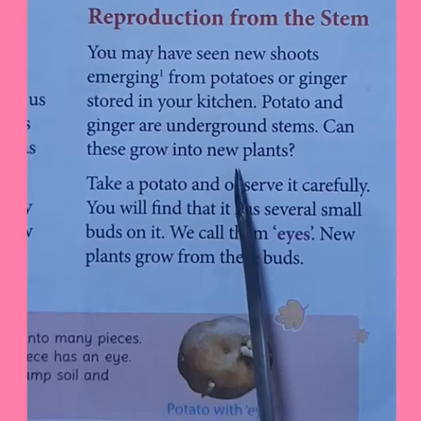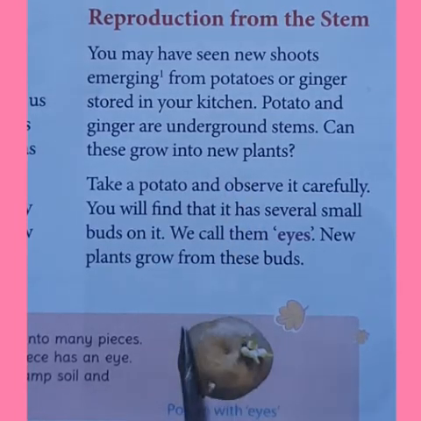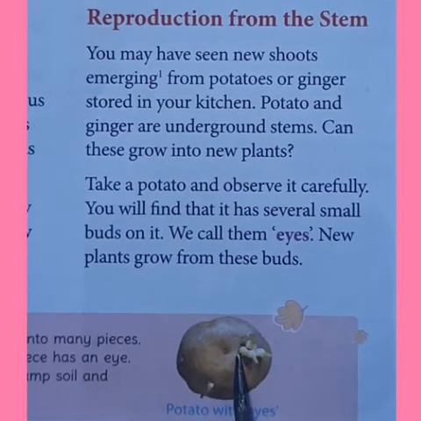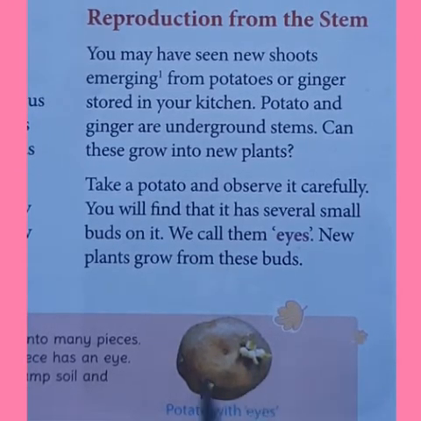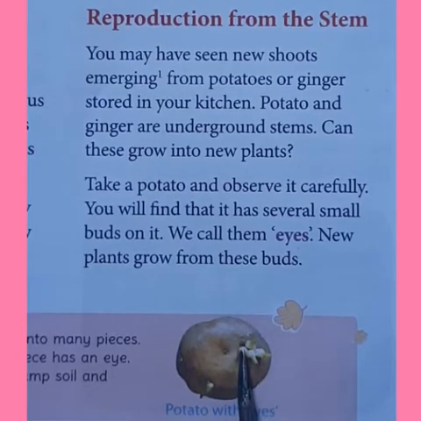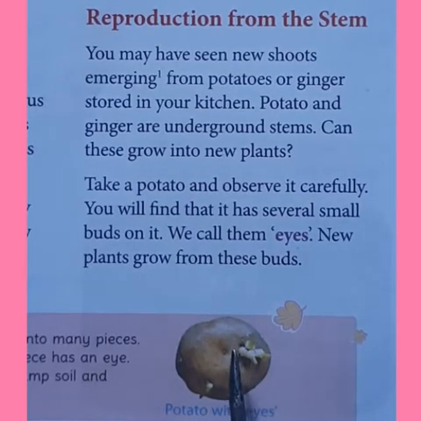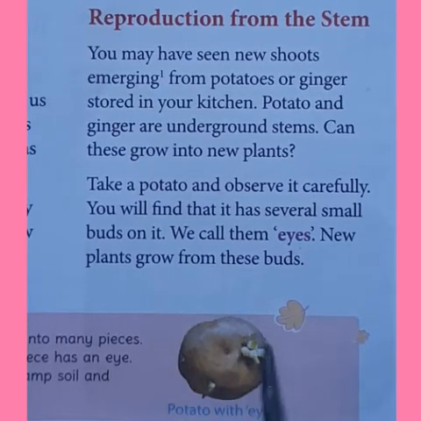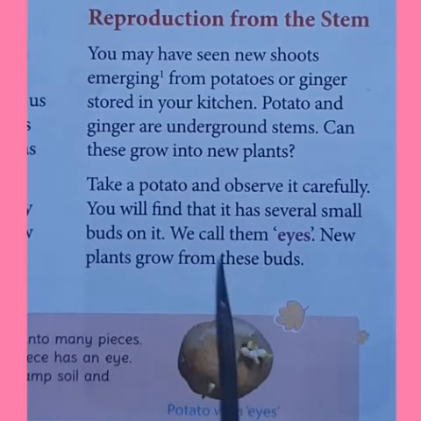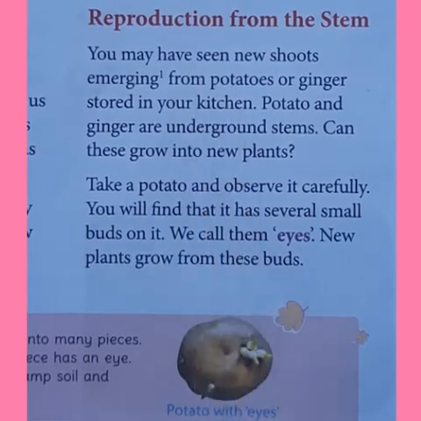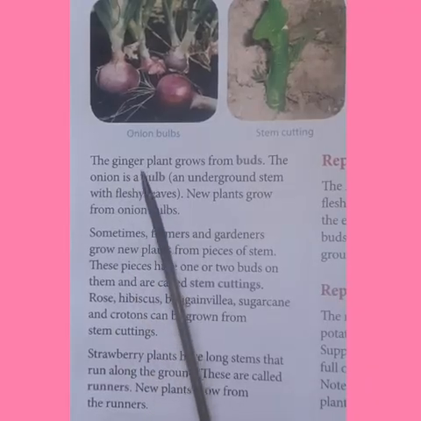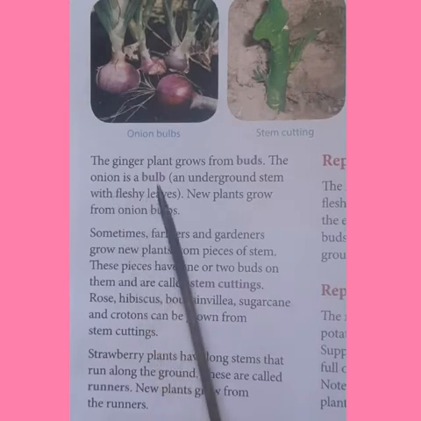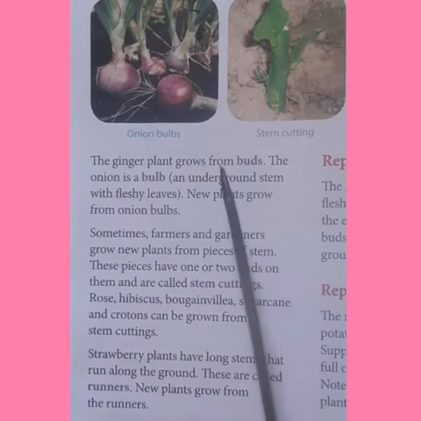Of course, we can. If you see the potato carefully, you will find that it has small buds in it. Can you see the buds here? Yes. These buds are called the eyes of the potato, and new plants grow from these buds. So, from the stem also we can grow new plants. The ginger plant and the turmeric plant also grow from buds.